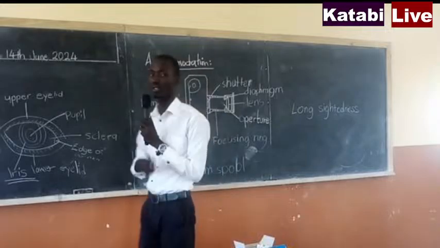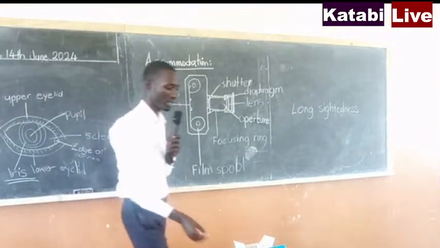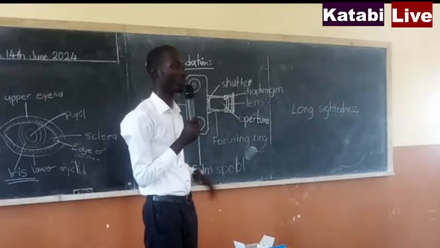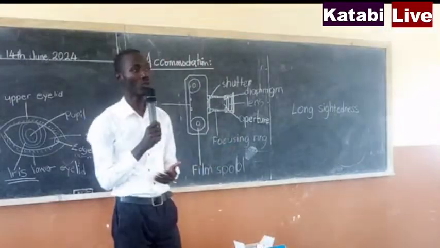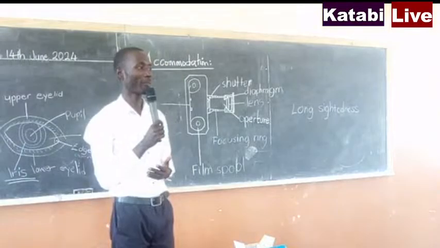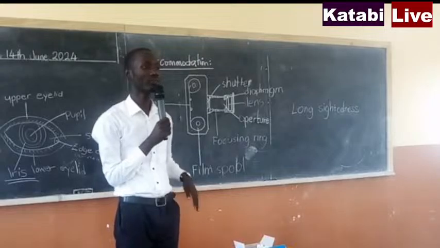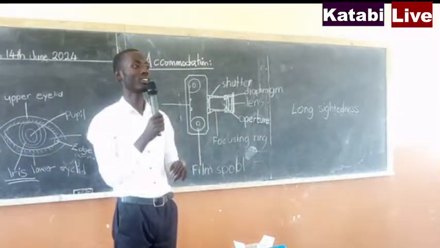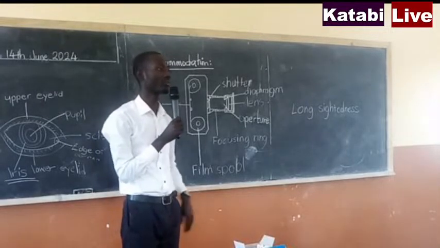The mic is there. Then I give chance to the fellow teachers also to add on or to correct. So for us here, we work together. So what is accommodation? Get the mic. What is accommodation?